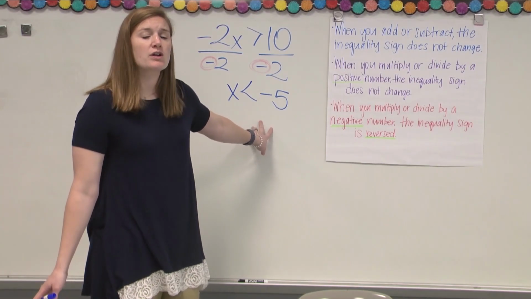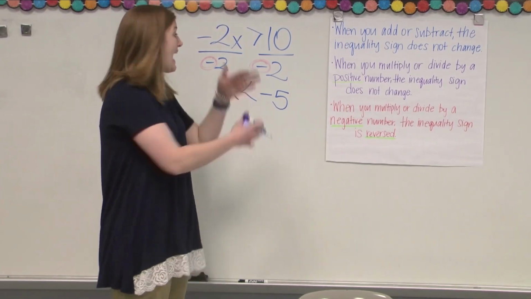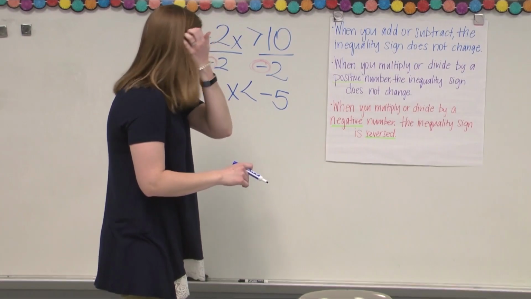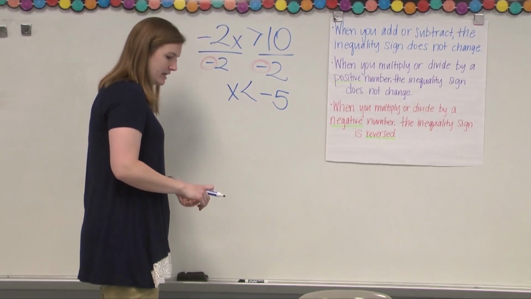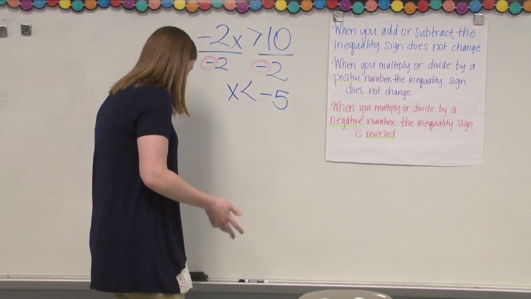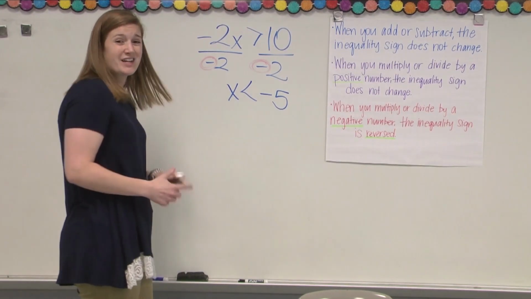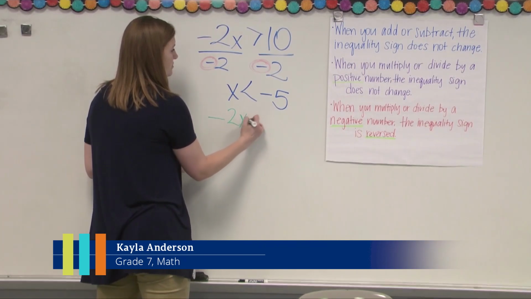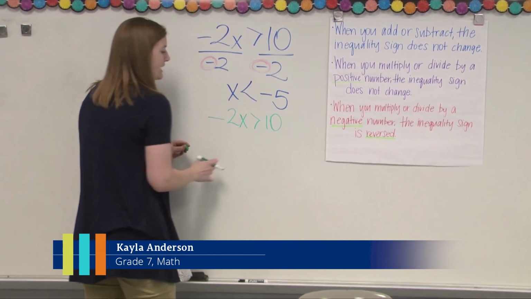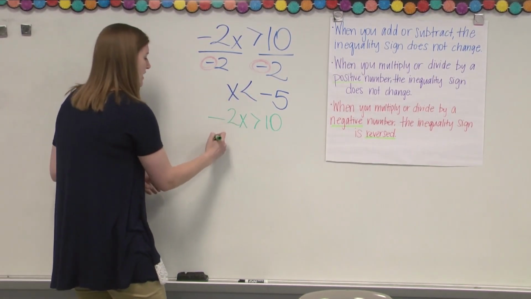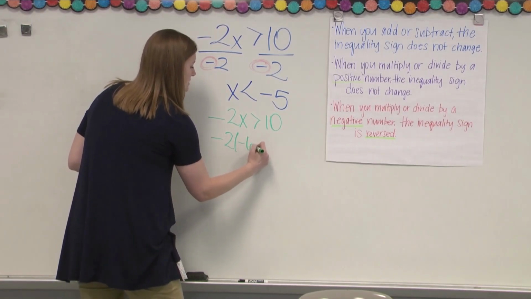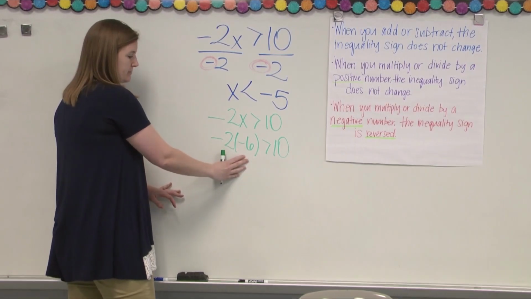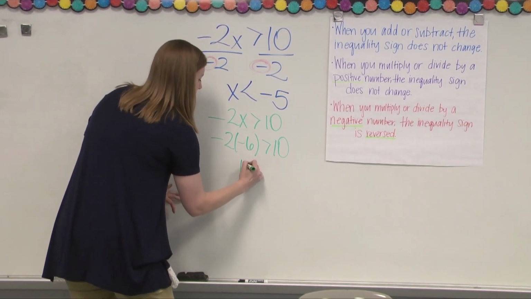Well, let's pick one of those and make sure that we actually did this correctly and that we reversed the inequality symbol correctly. So we said that we could use any number that was less than negative 5, such as negative 6, negative 7, negative 8. Let's just use negative 6 here. If I go back to my original inequality of negative 2x is greater than 10, and I choose a number that's less than negative 5, such as negative 6, negative 2 times negative 6 is 12.